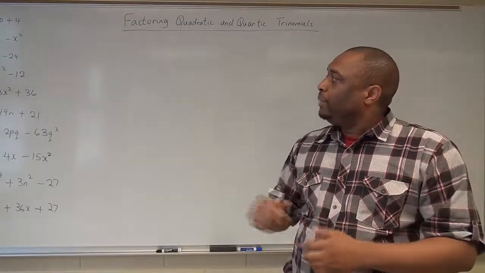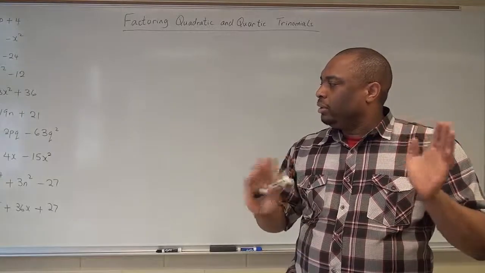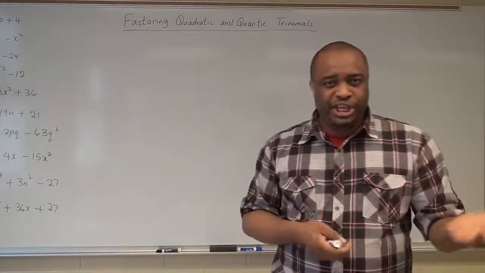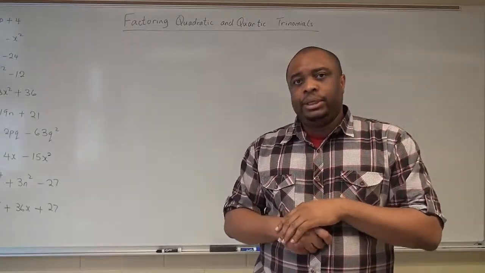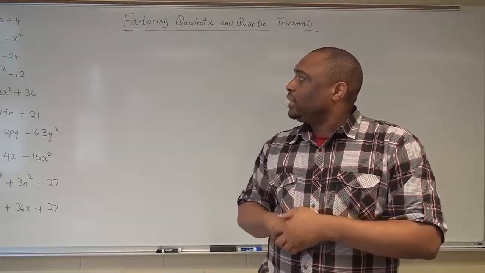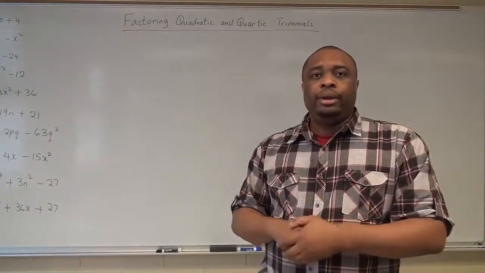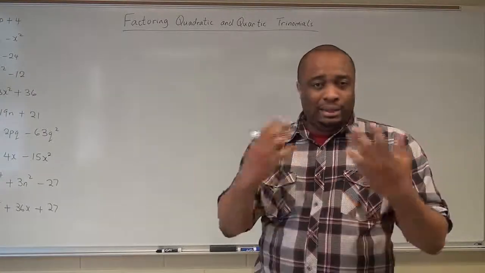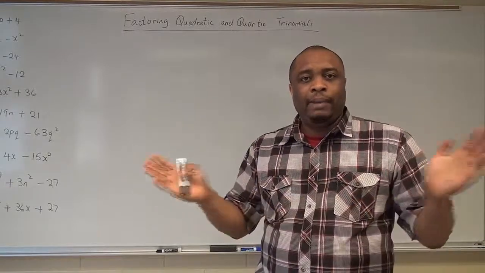We have several problems here. To keep this video as short as possible, we will not have to check. We have checked in the previous videos. So in this case, we will just solve it and we will not check our work. This is a trinomial, and I always recommend that students check their work by multiplying.